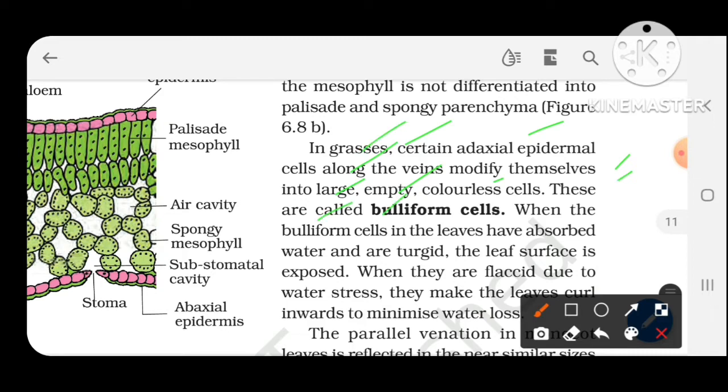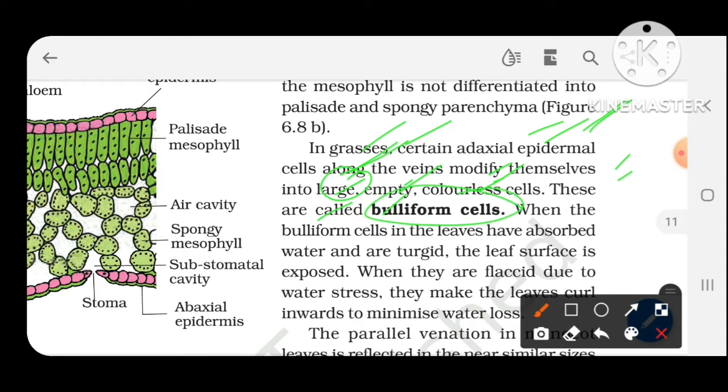So in adaxial, the upper epidermis, the upper epidermal cells modify into this type of cells, means the upper epidermal cell becomes large and empty and colorless, means it will not have any particular type of color, and such type of cell is called bulliform cell.